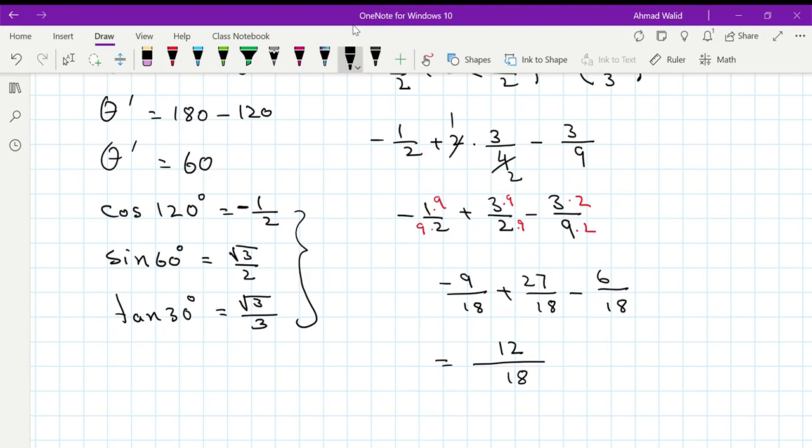Now simplify by 6, which gives you 2 over 3, the value of this expression.